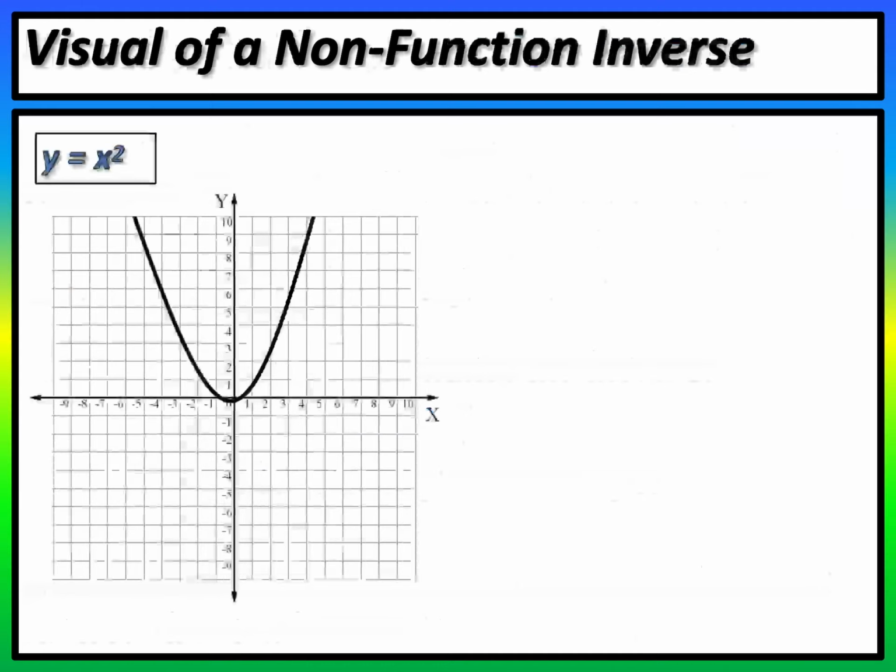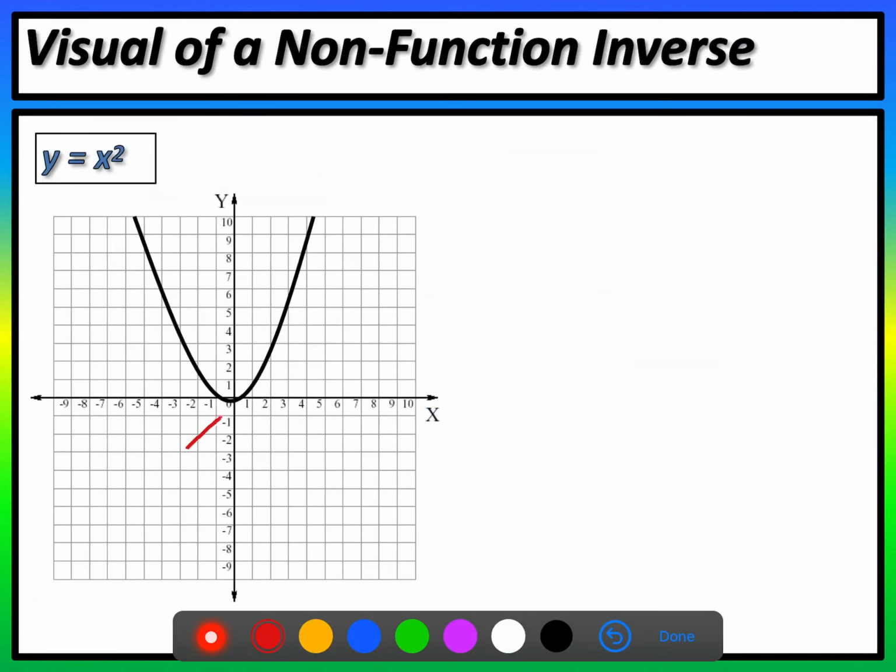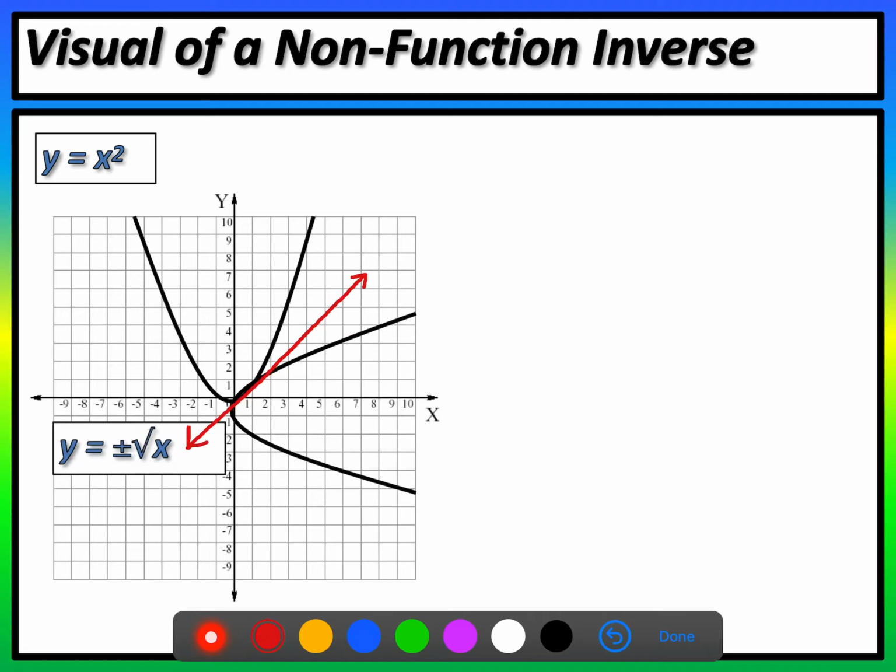If I have a function of x squared, which is a parabola, we know that the inverse is going to be a reflection over y equals x. So our inverse here is actually going to be modeled by plus or minus the square root of x.